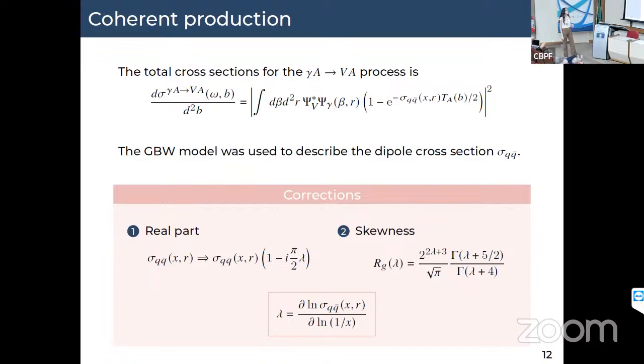Besides that, we also included corrections, one to describe the real part of the amplitude, so we include this factor here in the sigma QQbar cross section, and one to consider that the gluons exchanged between the dipole and the target can have different momentum fractions. So we multiply the dipole cross section by this factor here to include the skewness factor.